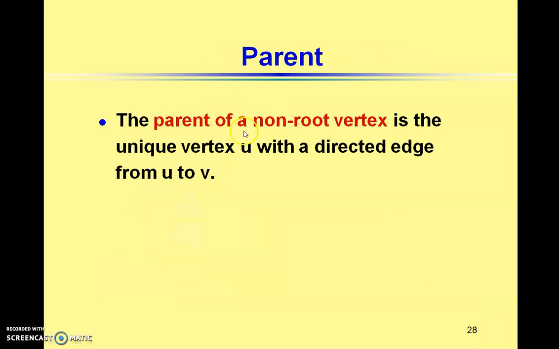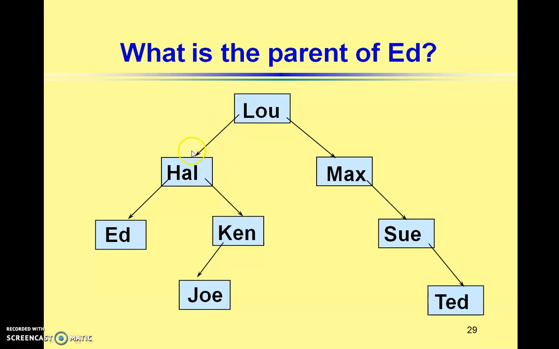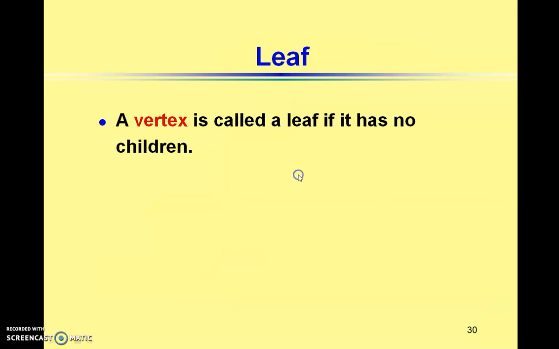The parent of a non-root vertex is anything besides the root, the unique vertex with a directed edge from U to V. So, from U to V. So this is the parent. This is the root, parent, child, left child, right child, left child.